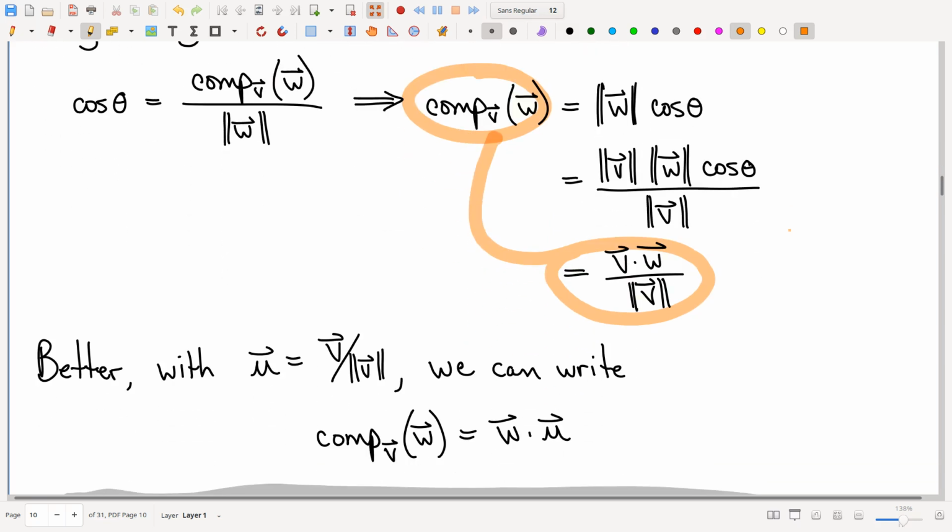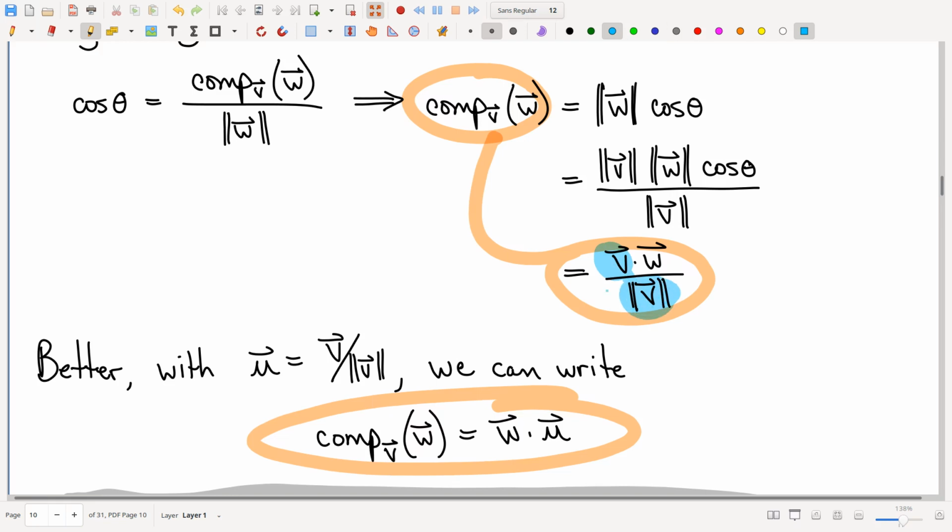Okay, now here's a different way to think about this formula. Same formula. And that is to observe that what we are dotting W with is exactly the unit vector that we referred to at the top of this page. The unit vector pointing in the direction of V. So that's another really nice way to think about it, and frankly, my preferred way to think about components.